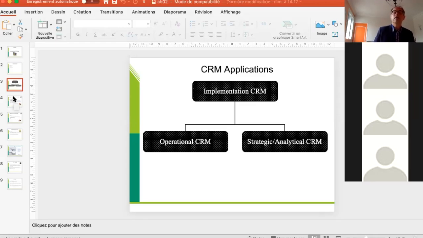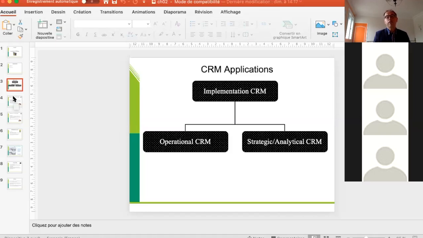Let's come back to strategic and analytical CRM. The starting point is to analyze the data, to collect the data in order to find who are the best customers. So who are the customers having high potential lifetime value. So this is the starting point. It's all about analytics.